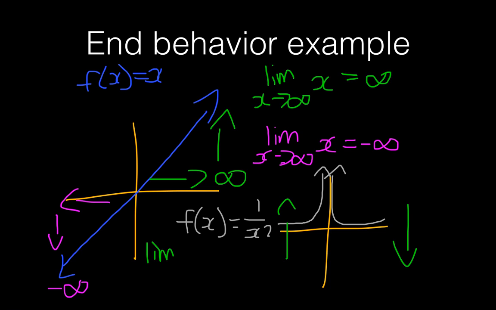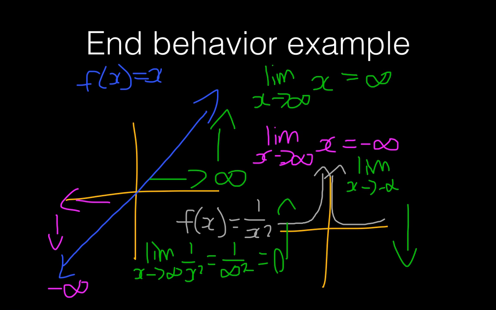So we're going to take the limit as x approaches infinity of 1 over x squared. And that's going to give us 1 over infinity squared. And that just equals 0. And we can do the same thing going to negative infinity. So the limit as x approaches negative infinity of 1 over x squared is also going to give us 0.